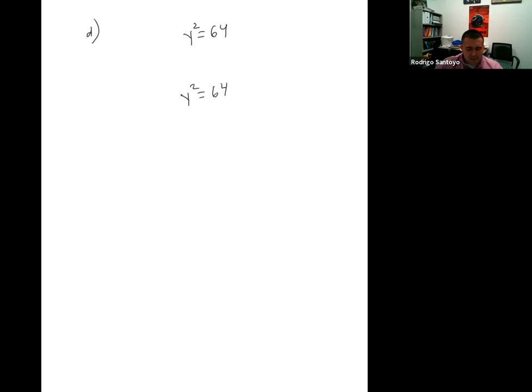Right, so we want to set this equal to 0, so we just subtract 64 from both sides. y squared minus 64 equals 0. And what are we doing here to factor this one out? Difference of squares. Very good.